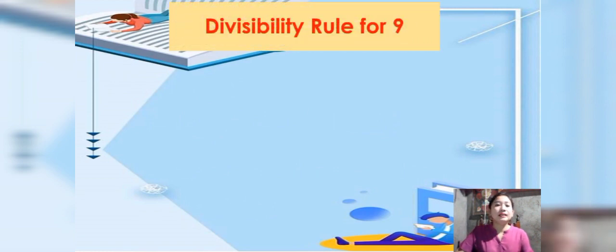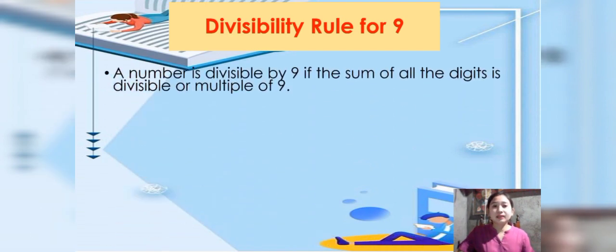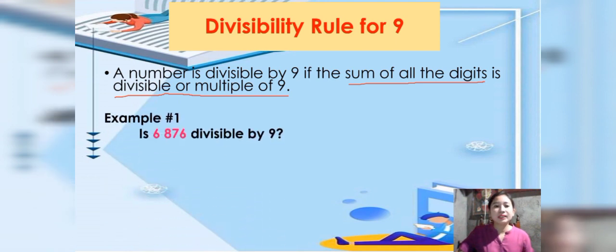Now, let us discuss the divisibility rule for 9. A number is said to be divisible by 9 if the sum of all digits is divisible by or a multiple of 9. For example, is 6,876 divisible by 9?